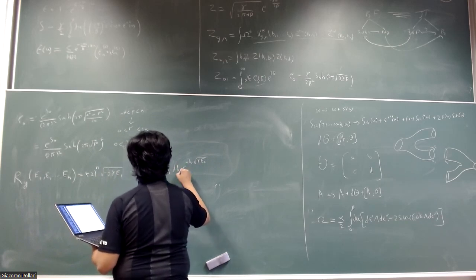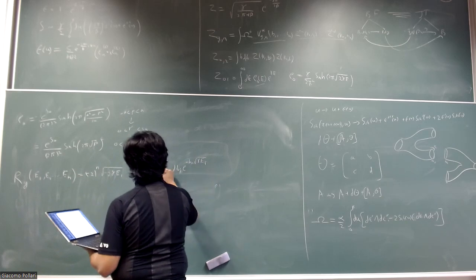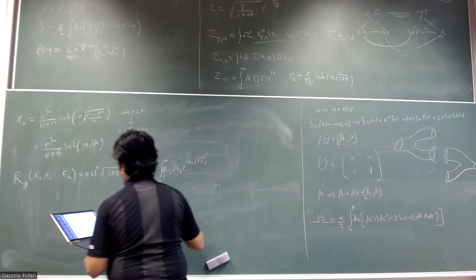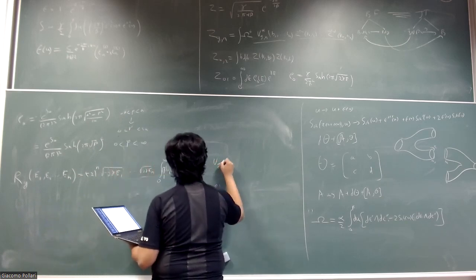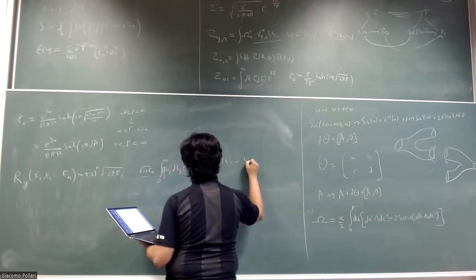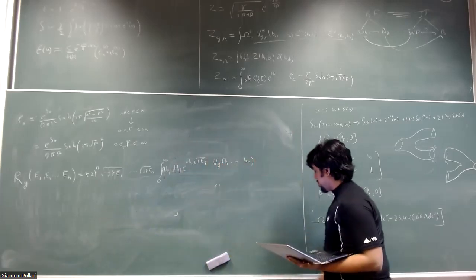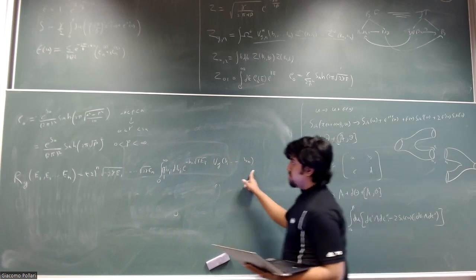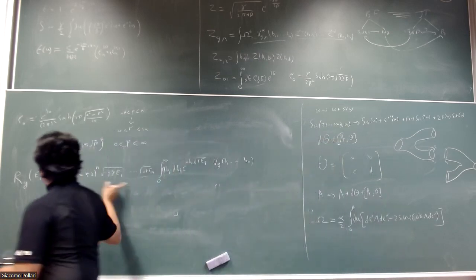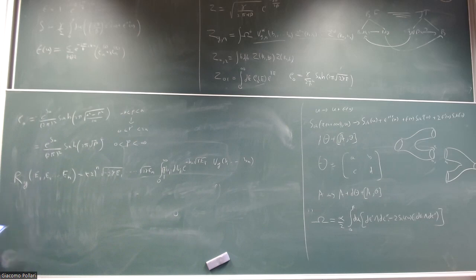Yeah, this is the transformation that you have. So this is the resolvent that you want, and then this is the partition function you want, this is the resolvent you can have. So that's it.